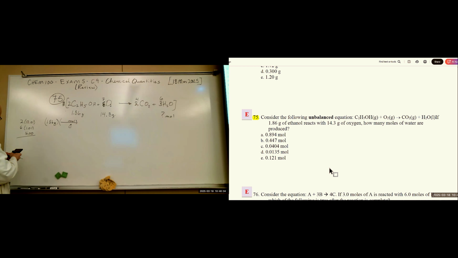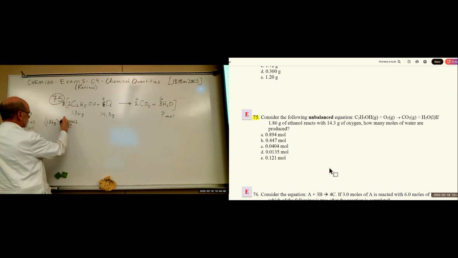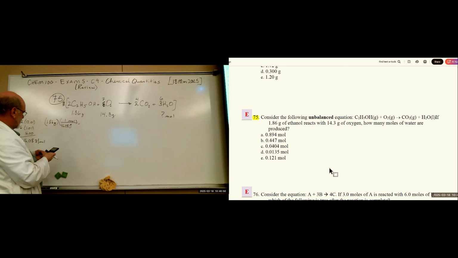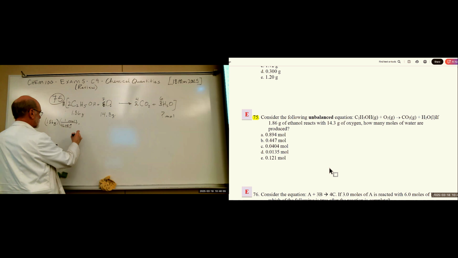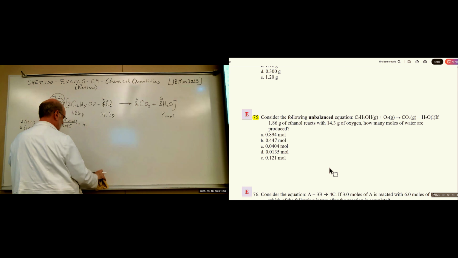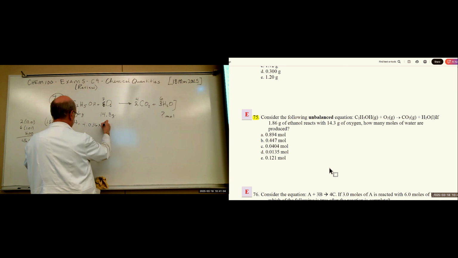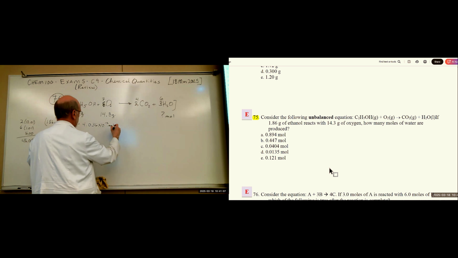Yep. 6. I get 46.08. Divided into 1.86 is 4.0036 times 10 to the minus 2 moles of ethanol.